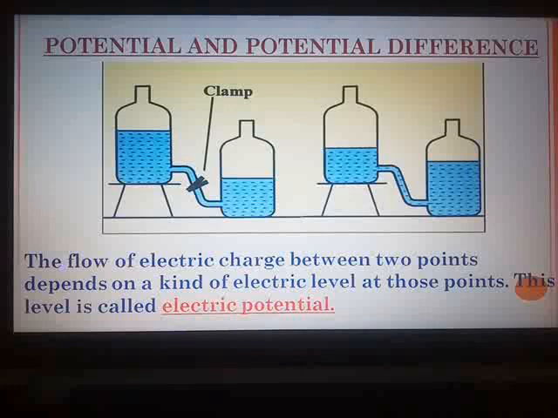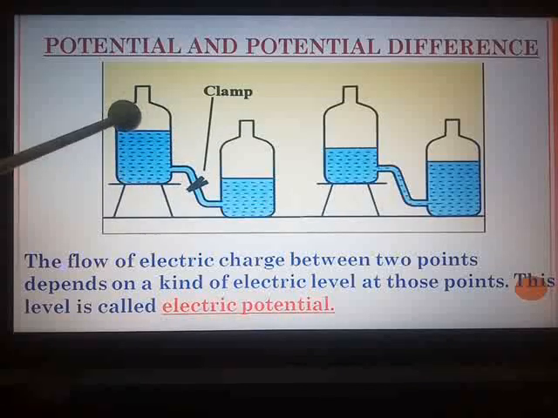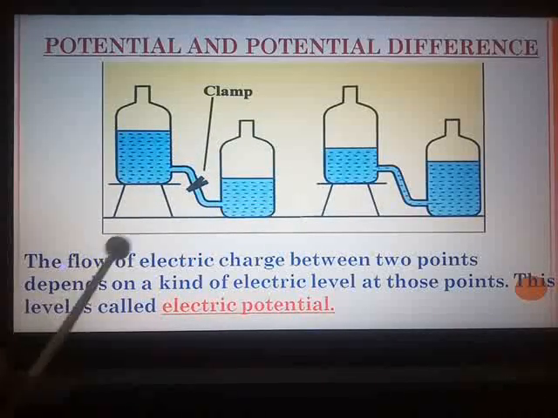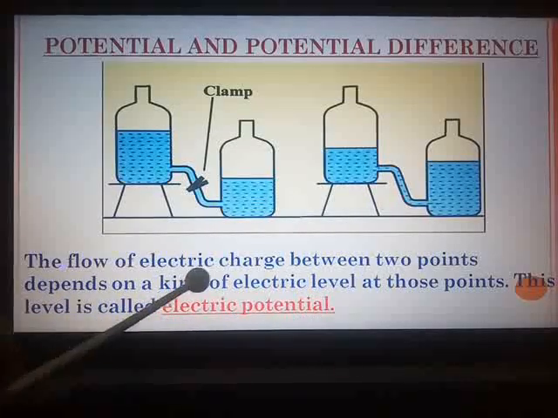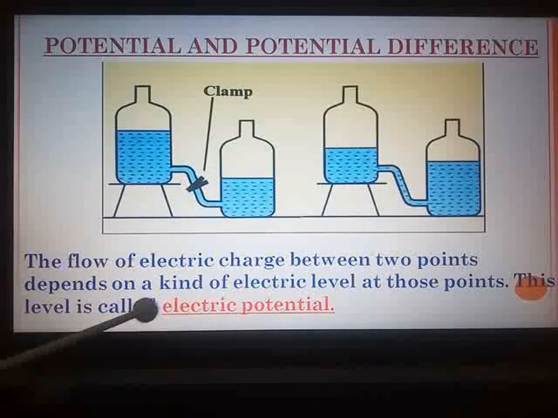Yes, at a particular time interval, the water flow from this plastic bottle to the lower one will stop when the levels of water become equal in both the plastic bottles. And just like water, just now we have seen the flow of water, the flow of electric charge between 2 points depends on a kind of electric level at those points, and this level is called electric potential.